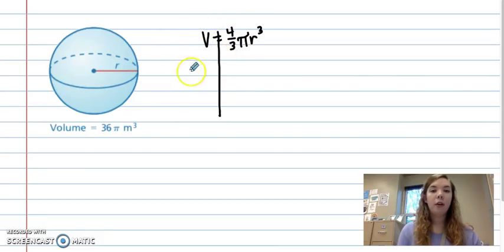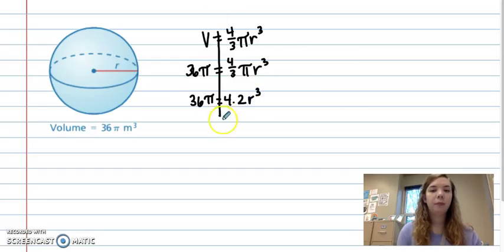Okay, so your volume is 36 pi equals 4/3 pi r cubed. 4/3 times pi, we've already done, is 4.2 r cubed.